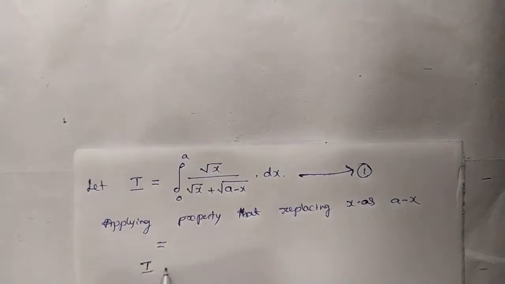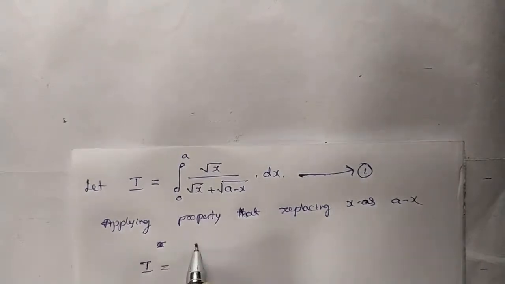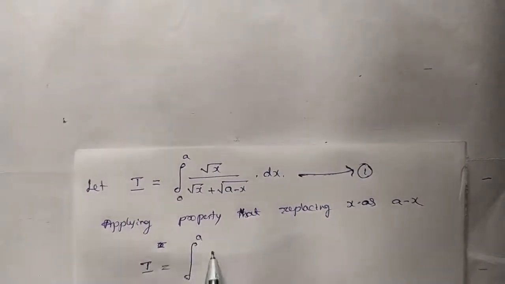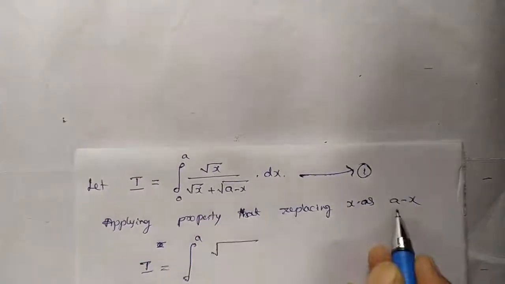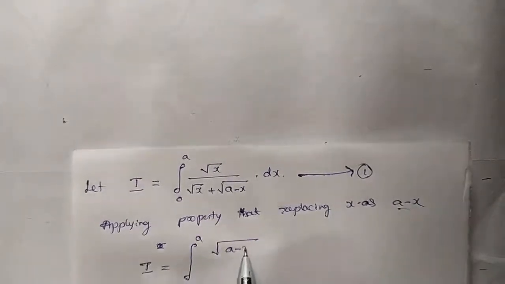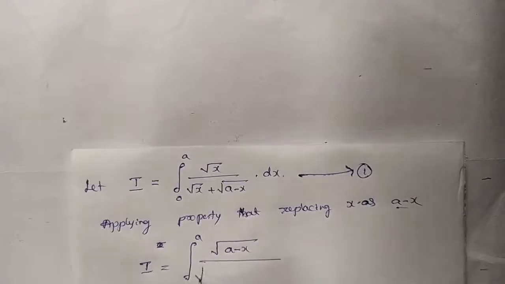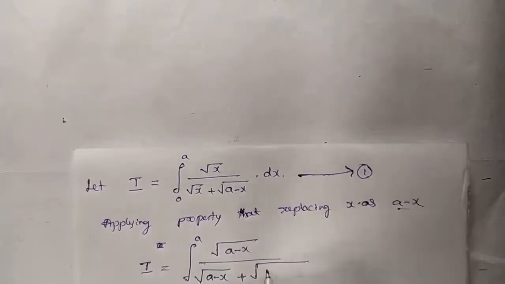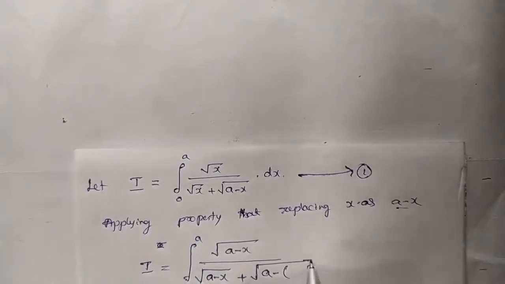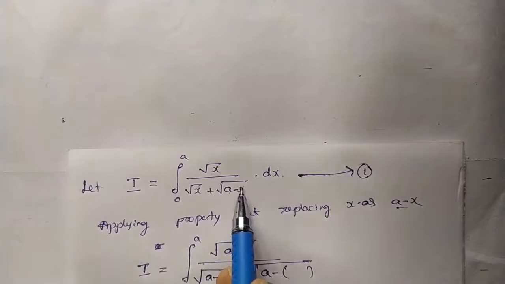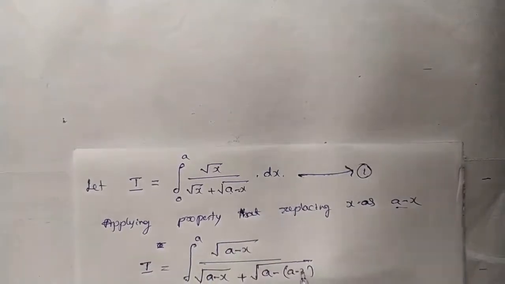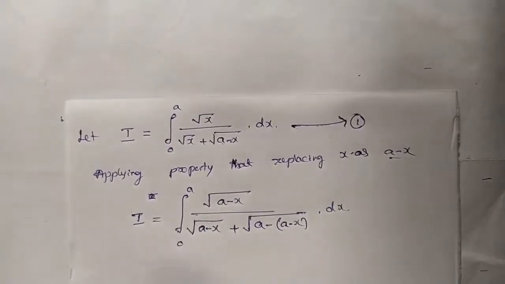So I equals the integration of 0 to a, in place of x we put a minus x, so square root of a minus x, divided by square root of a minus x plus, in place of x, a minus of a minus x, dx. Let us simplify further.